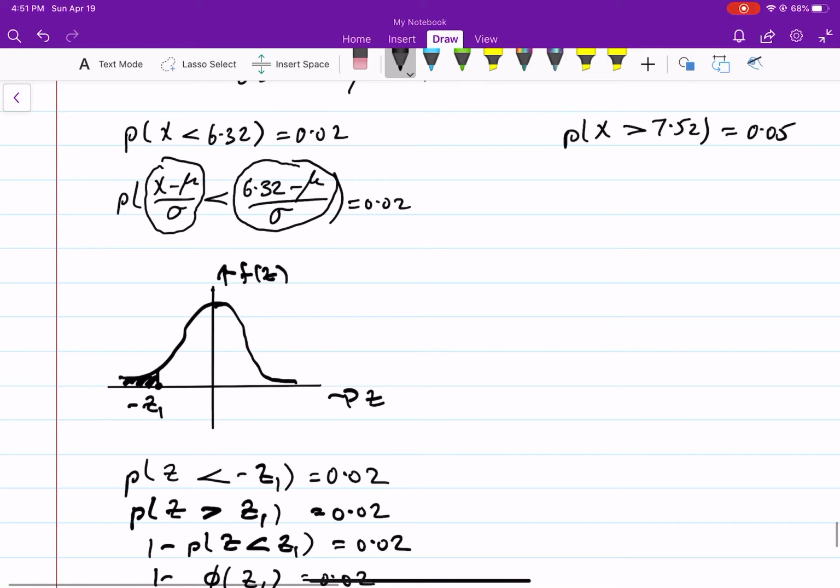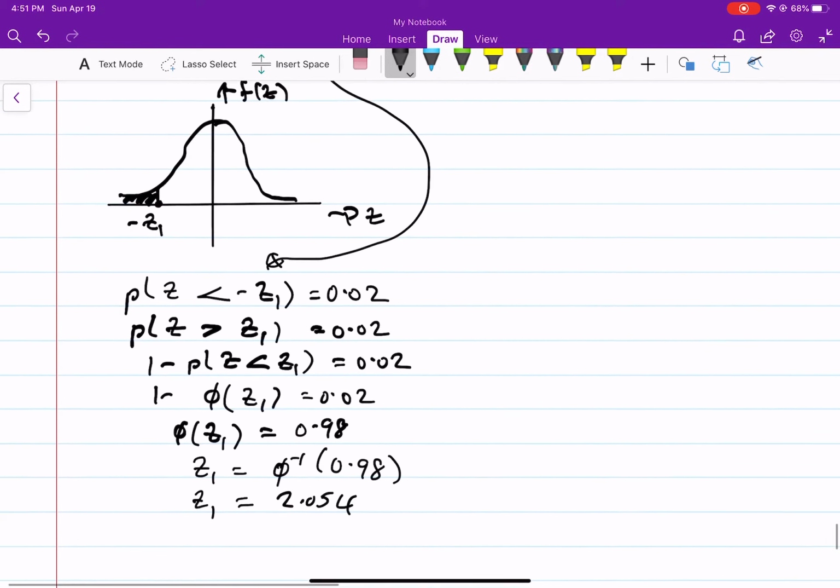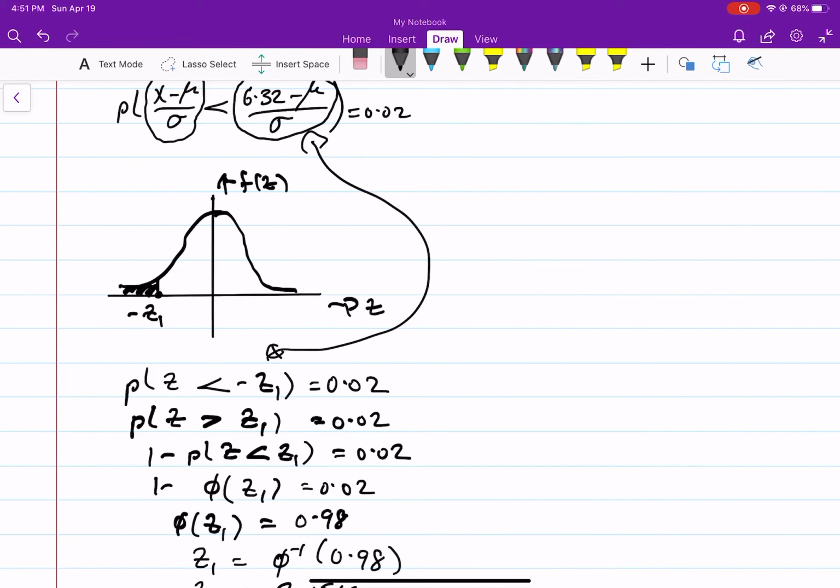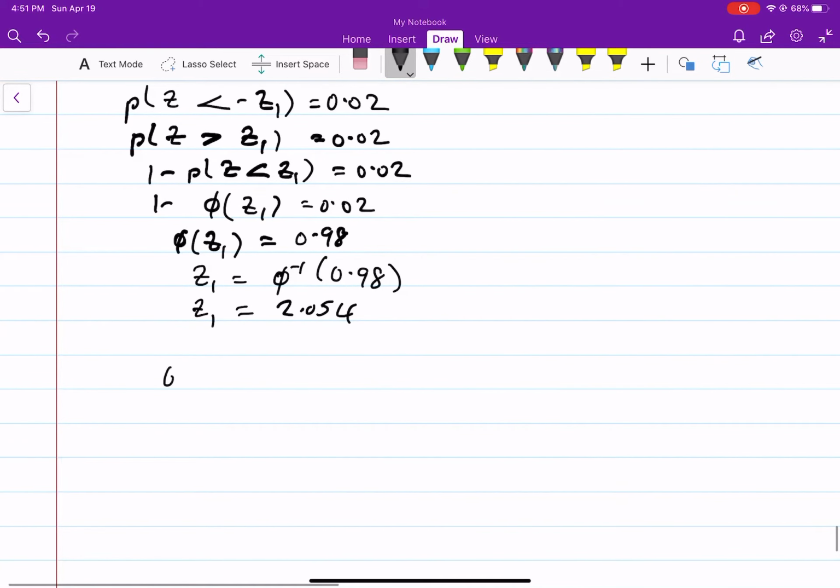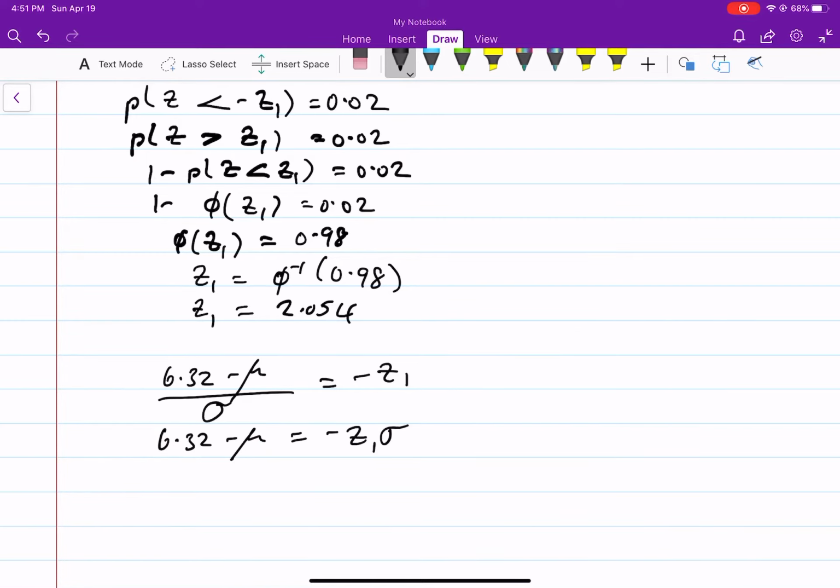Now, if we were to go back and associate this negative Z1 value with this guy, we get an equation relating mu and sigma. 6.32 minus mu over sigma is equal to minus Z1, and therefore 6.32 minus mu is equal to minus Z1 times sigma, or 6.32 minus mu is equal to negative 2.054 times sigma.